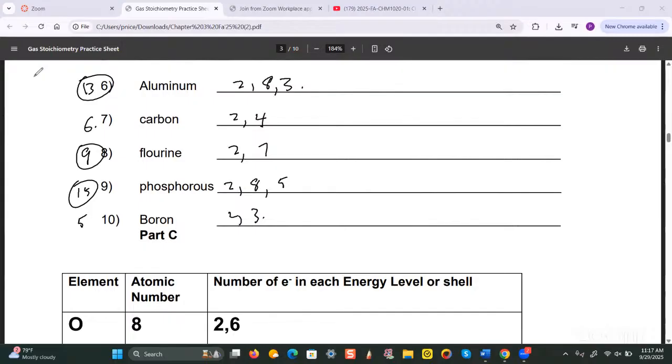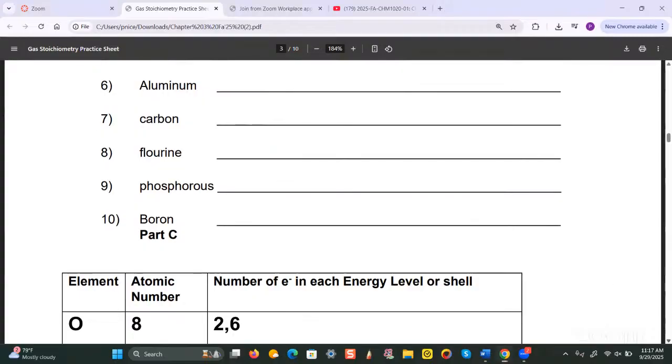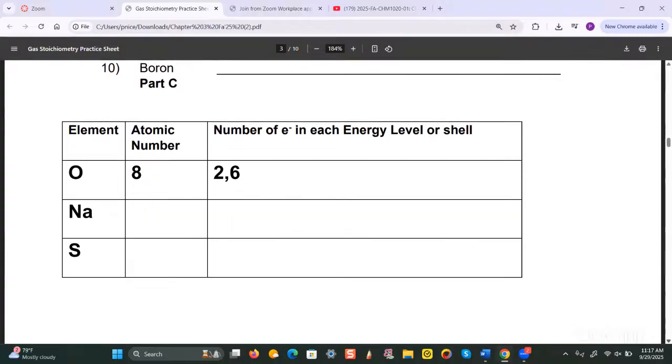If you understand that, you should be able to do these down here. The first one is worked out for you so that you'll understand how to do the others.